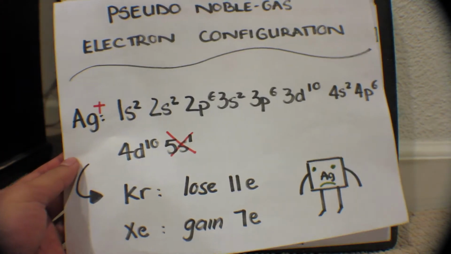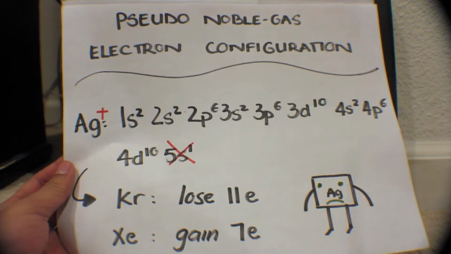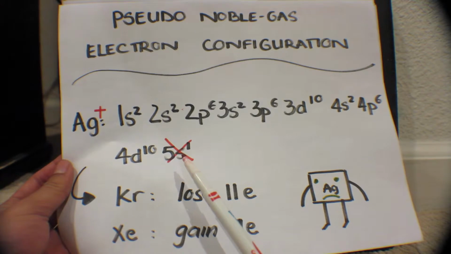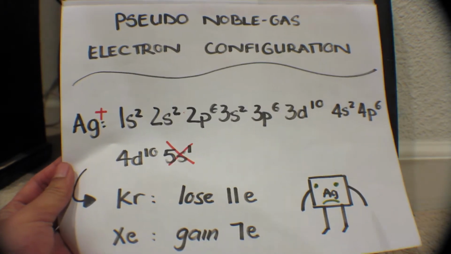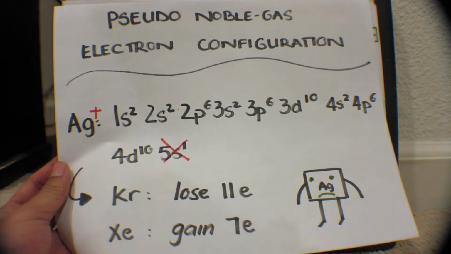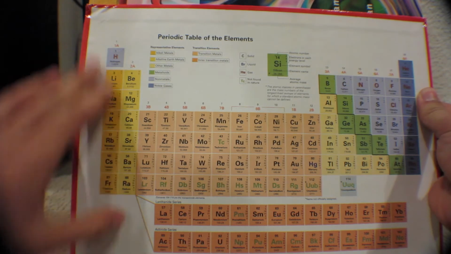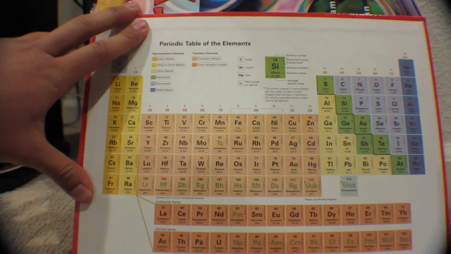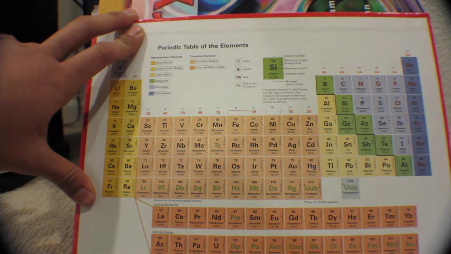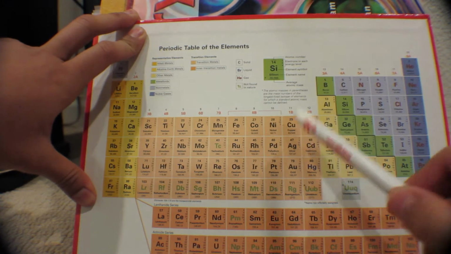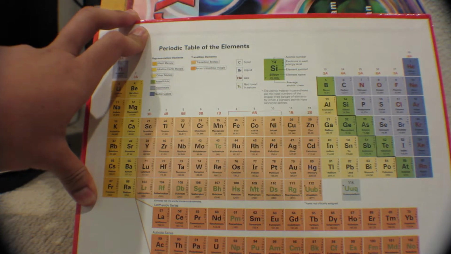Therefore, silver will form the pseudo-noble gas electron configuration by losing the 5s1 electron to become a silver cation. Other elements that behave like silver can be found at the right of the transition metal block. For example, copper can become a copper cation by losing one of its electrons.